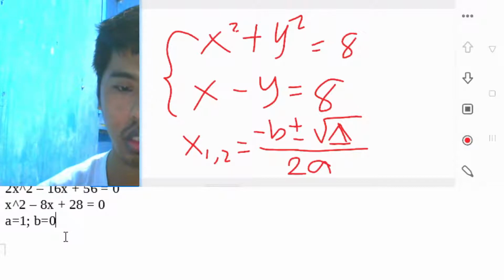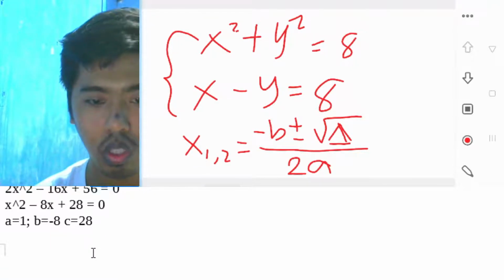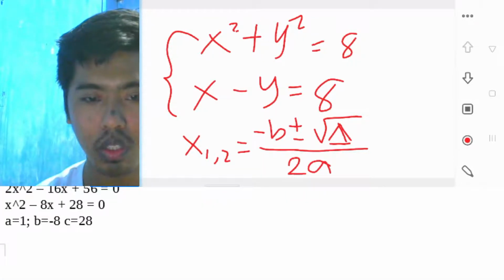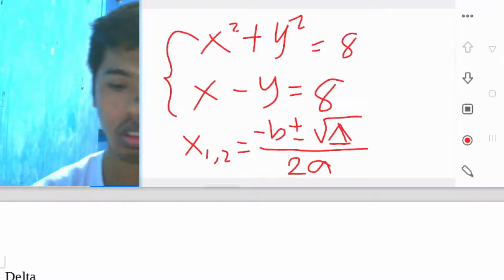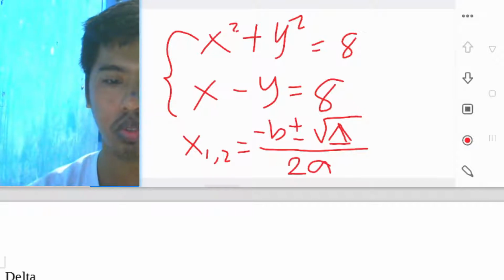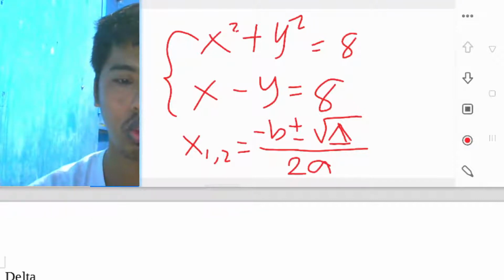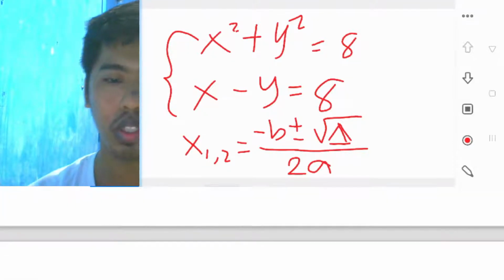B is equal to negative 8. C is equal to 28. Okay. So b is negative 8, negative 8 squared minus 4, A is 1, C is 28.